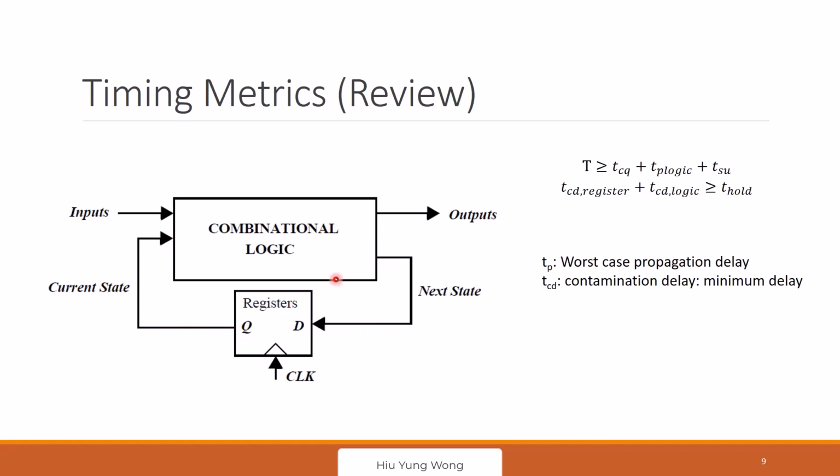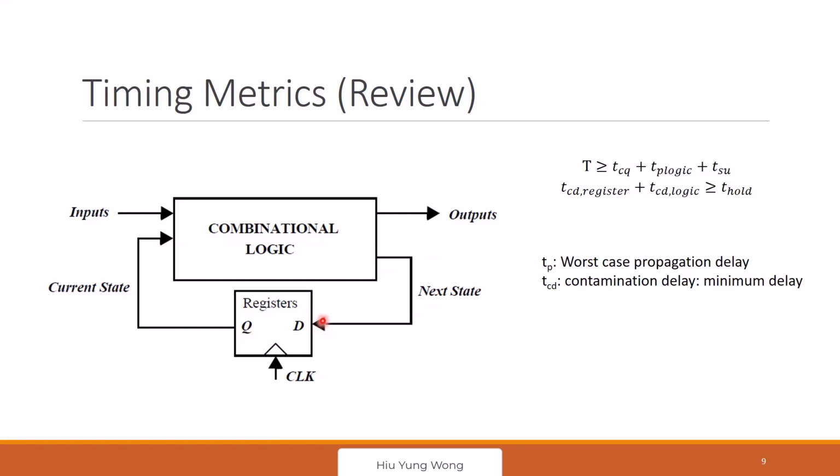And more importantly, you also need some hold time, because in this particular case, sometimes your delay through the combinational logic is very short. Now, if they are so fast, then it can be that once I copy, you go so fast that you change the input. And when you change the input, you screw up the setup time.